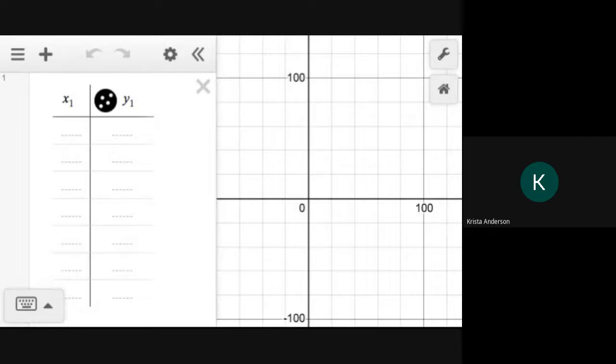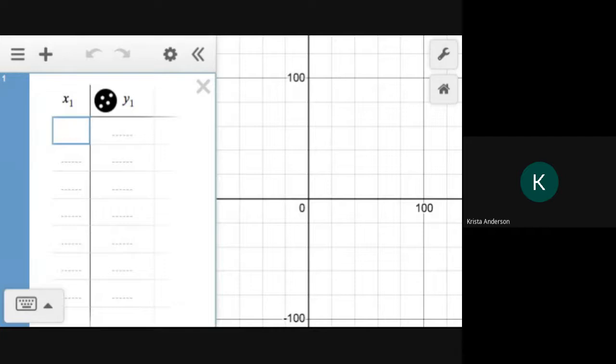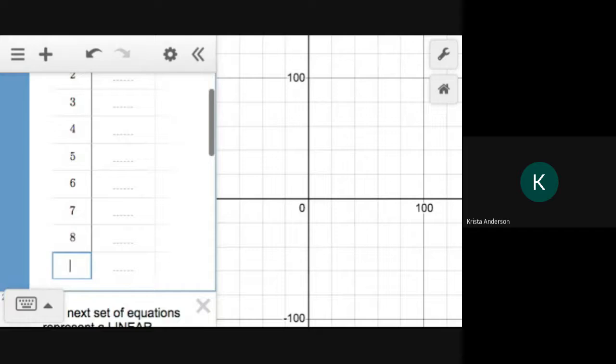Okay. So I'm going to enter in my table as 2, 3, 4, 5, 6, 7, 8, 9, 10, and 11.